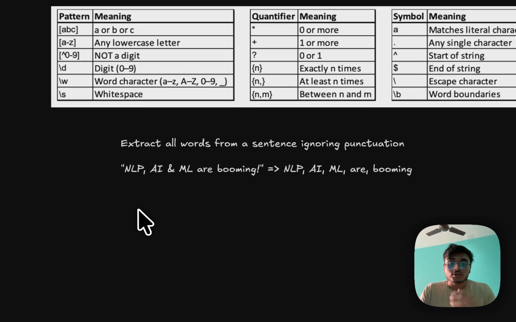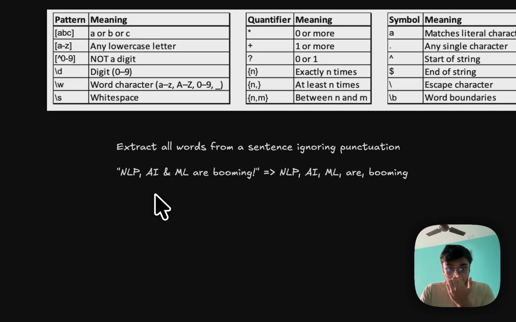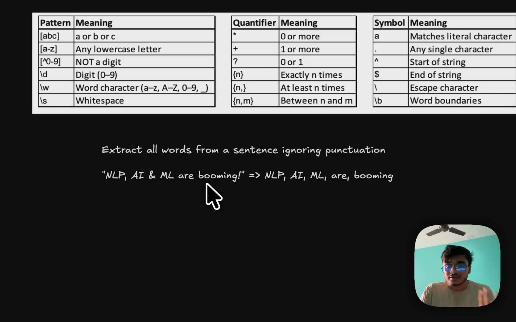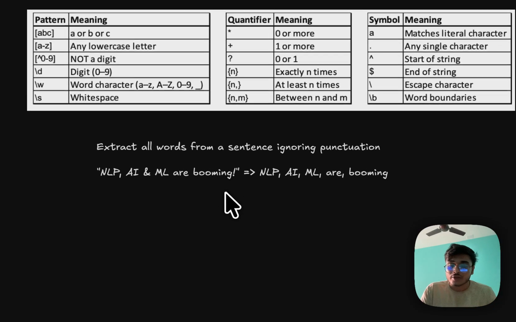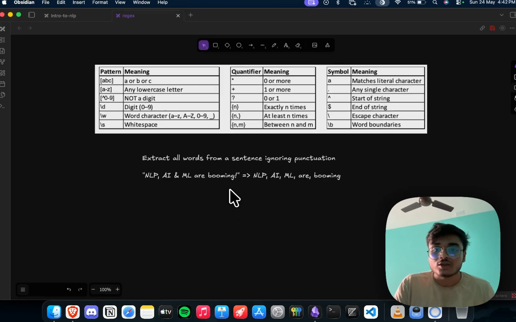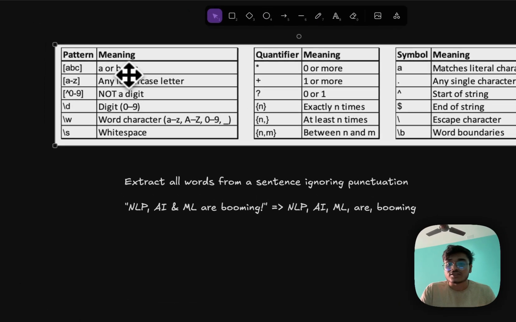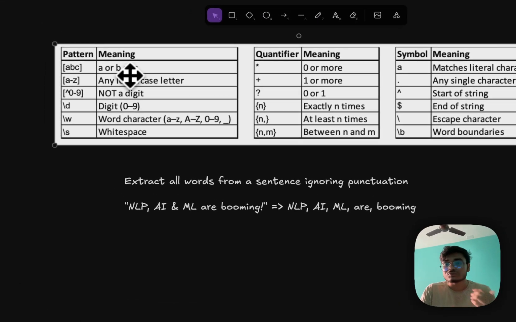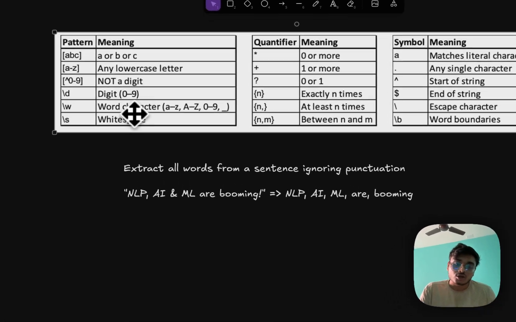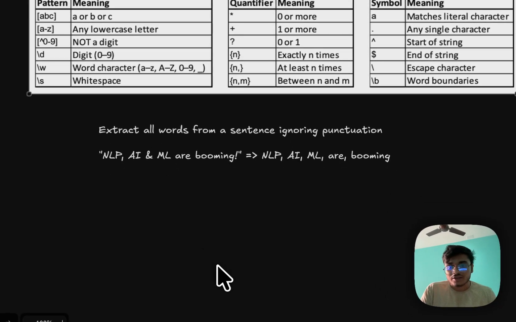I want all the words which are there. There shouldn't be any extra characters. So this is kind of an assignment you can do, or you can search for any assignment, or you can pretty much take a screenshot of this and practice it by yourself. So this is all about regex. You can practice it by yourself.